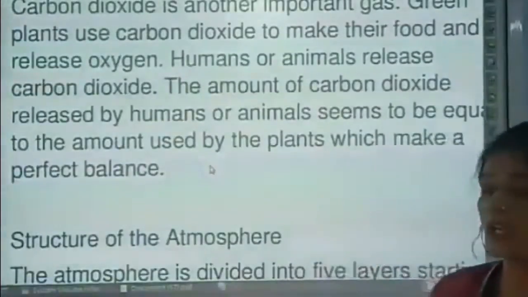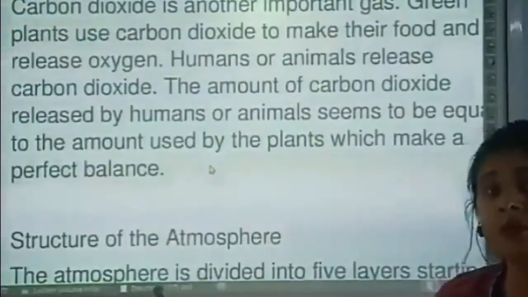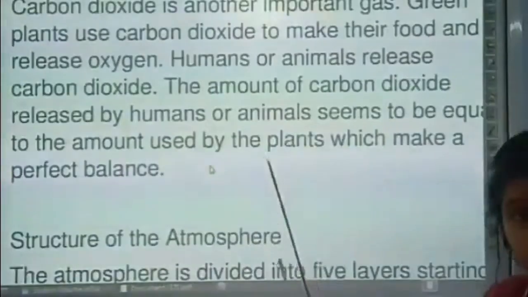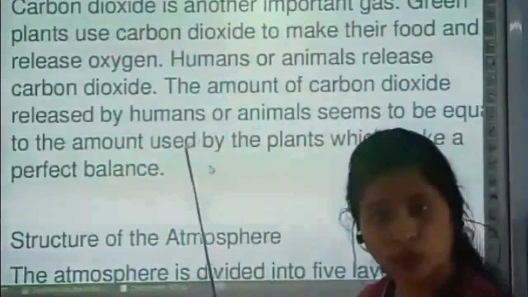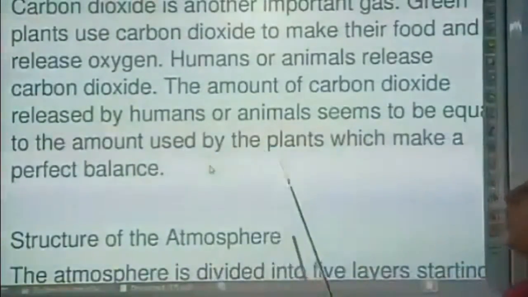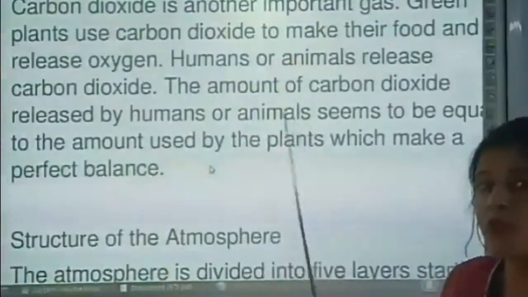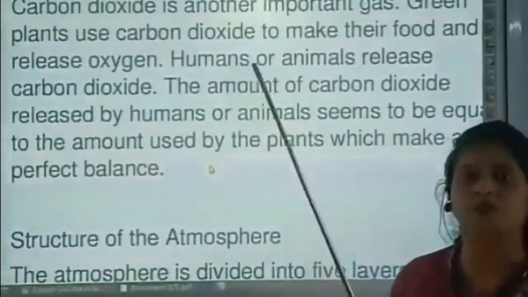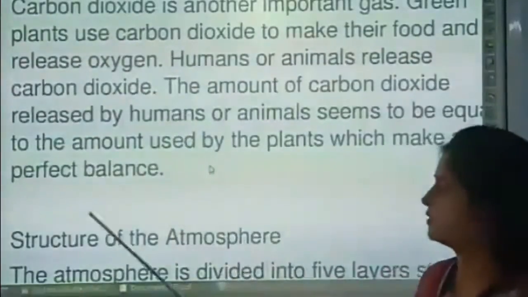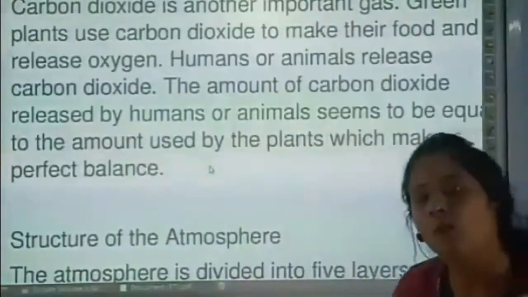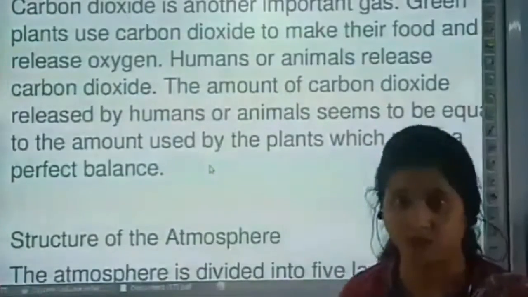So for perfect balance, what do we need? We need equal releasing of carbon dioxide and equal releasing of oxygen also. For this we need a perfect balance between plants and animals. So these are the composition of the atmosphere.